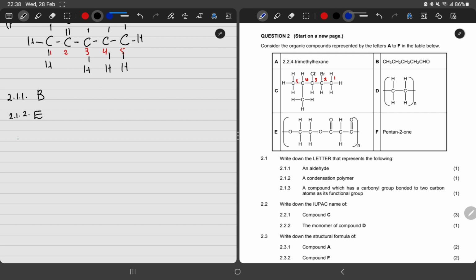That is E. A compound which has a carbonyl group bonded to 2 carbon atoms as its functional group. That is a ketone, because this is a carbonyl group, and I am told that this carbon should be bonded to 2 carbon atoms. That is going to be F.